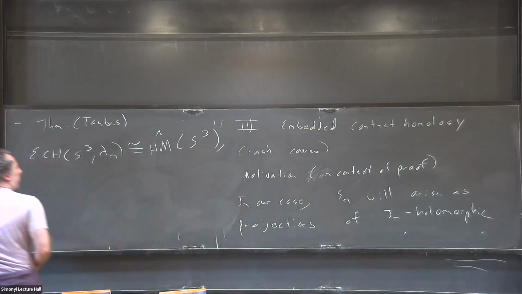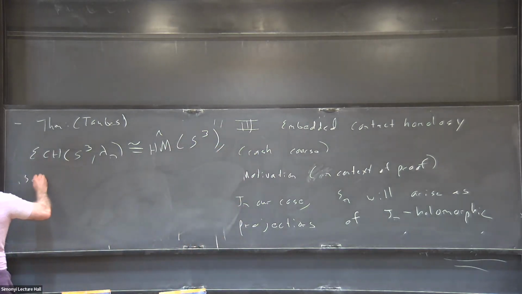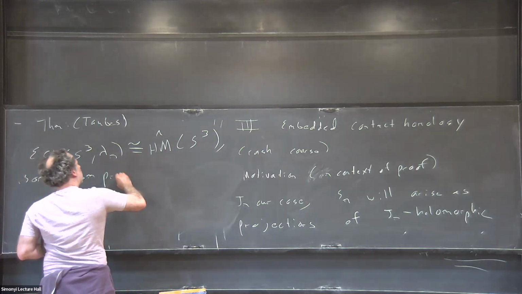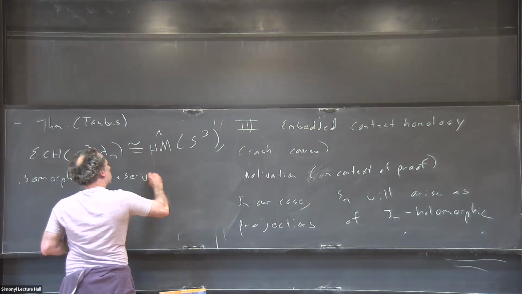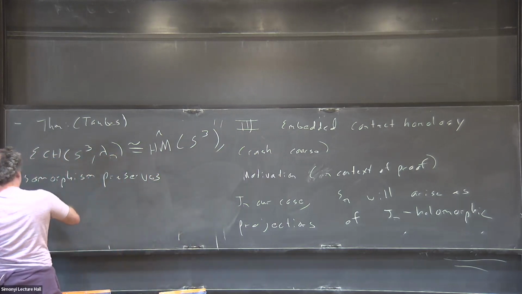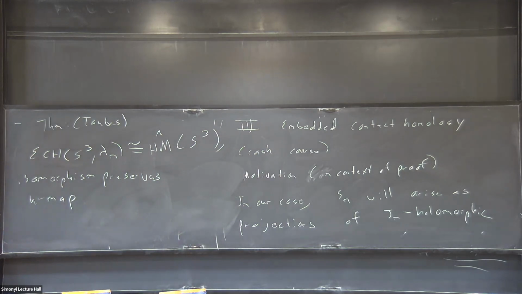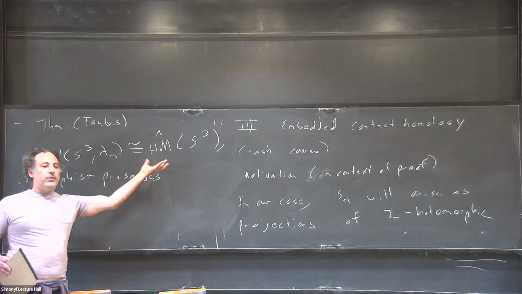And moreover, this isomorphism preserves the U map. This is really helpful for us because the Seiberg-Witten Floer cohomology as a U module has been computed.